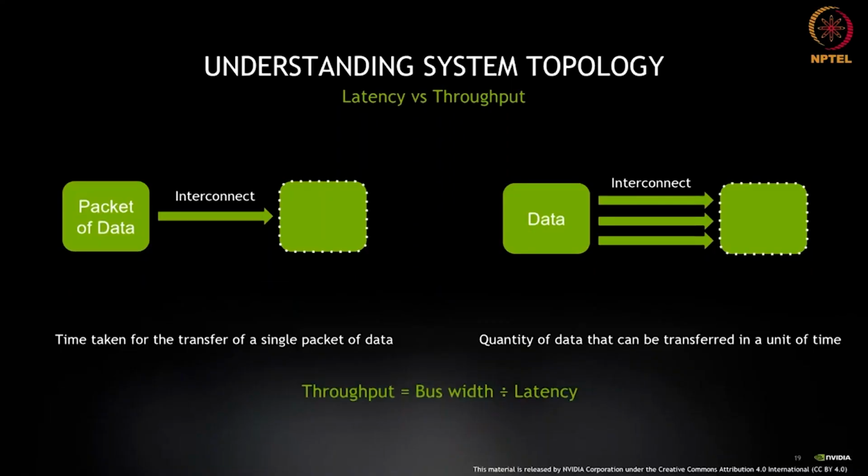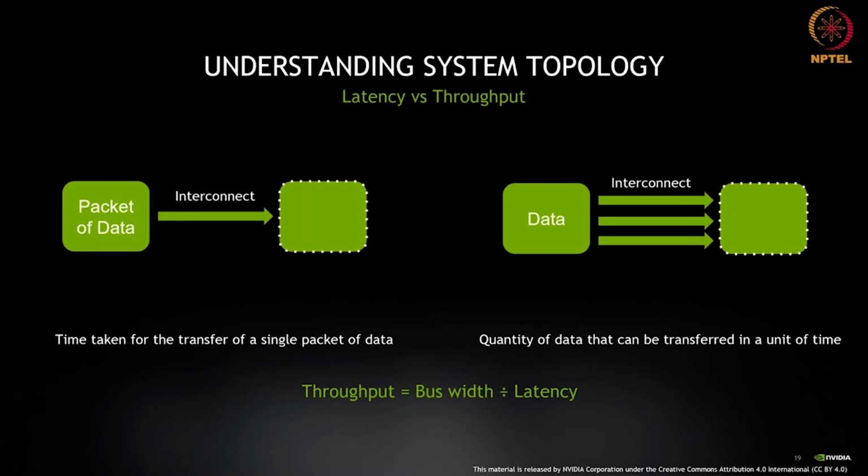So one concept that we are going to look at is this. Latency is the time taken for the transfer of a single packet of data, which means if I were to just go from here to the airport alone, then based on the kind of bus or whatever method I use, I can reach faster or slower. I'm not confined by, say, the number of people who are going to go with me.